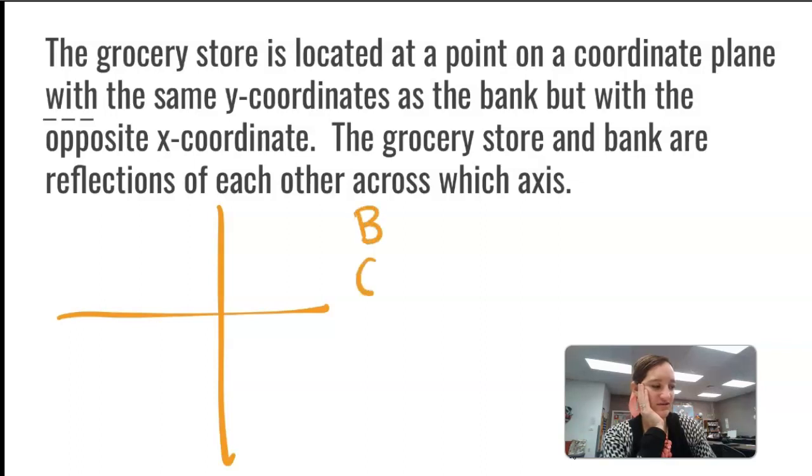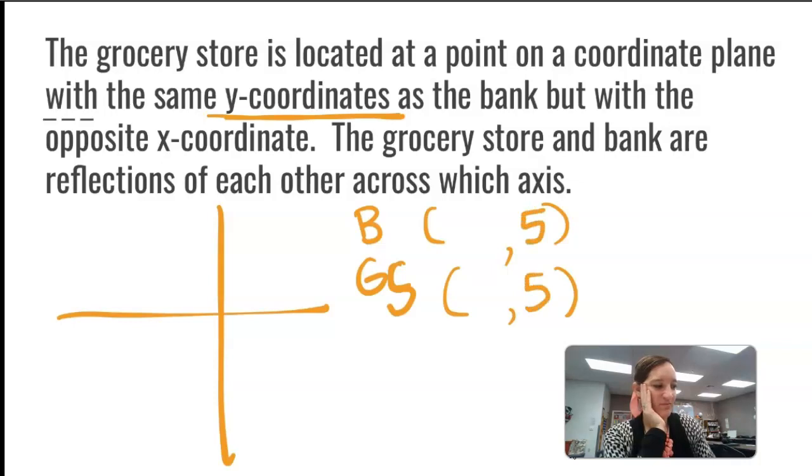Here's the bank, here's the grocery store. So what do we know about both of these? Well, it said they have the same y coordinates. So it really doesn't matter what we put here. Let's say 5 and 5, okay? But with opposite x coordinates. So one will be positive, one will be negative. Let's choose 3.